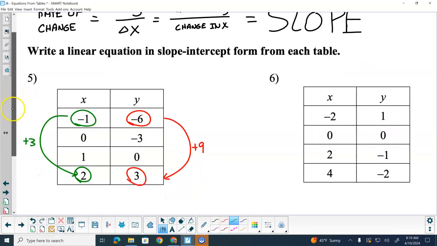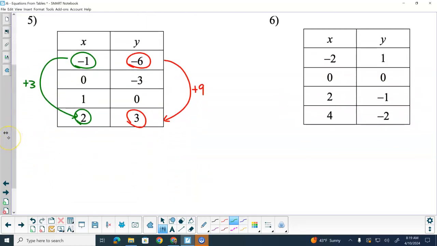So then my slope is going to be the change in y over the change in x, which is +9 as my change in y, +3 as my change in x.